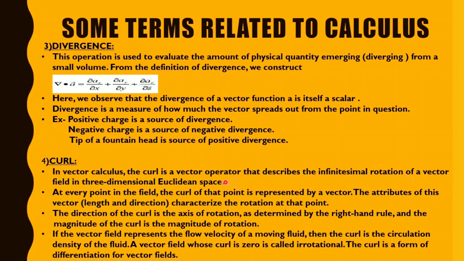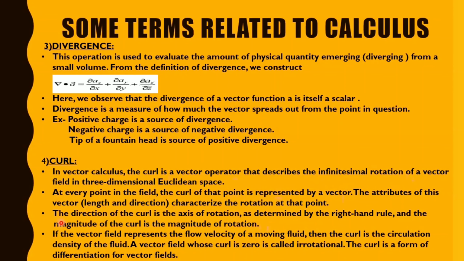Second, at every point of the field, the curl at that point is represented by a vector. Third, the direction of the curl is the axis of rotation found by the right hand rule, and the magnitude of the curl is the magnitude of rotation.